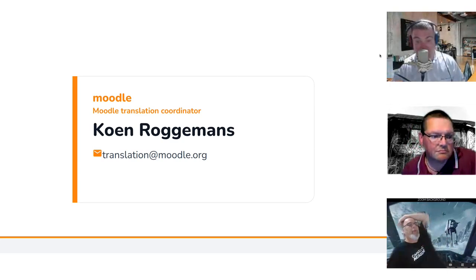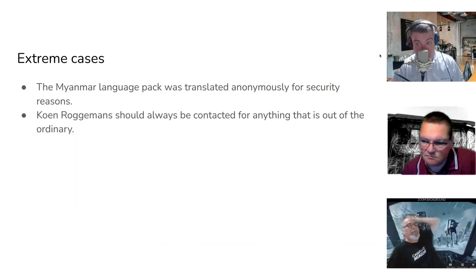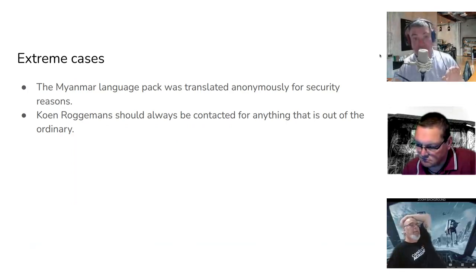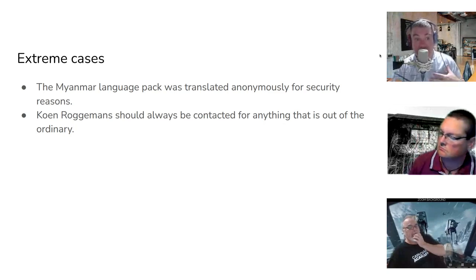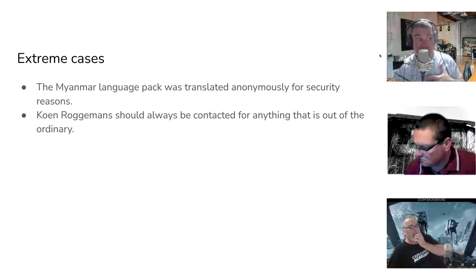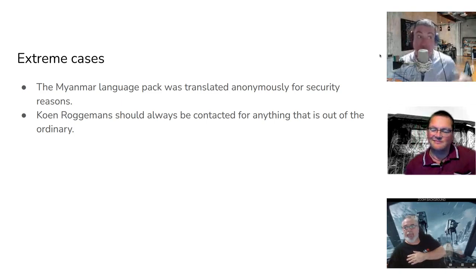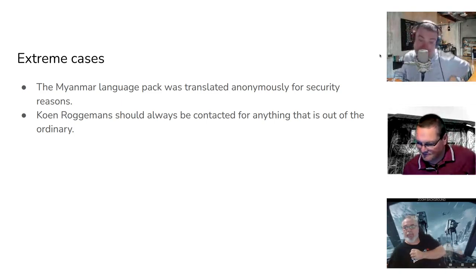The Myanmar case was extreme. It's probably one of the first and only cases in the history of Moodle translation where all the translators were anonymous. I was the package manager for my name, and my email address was on the website. And this is how Adam found me. I do not speak the Myanmar language.